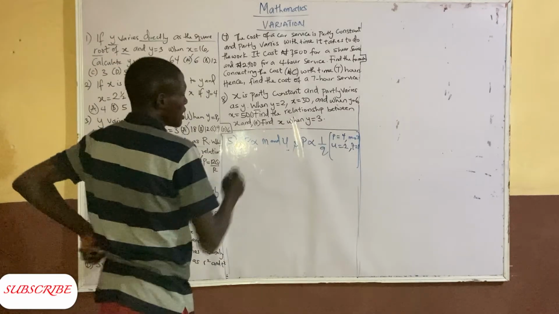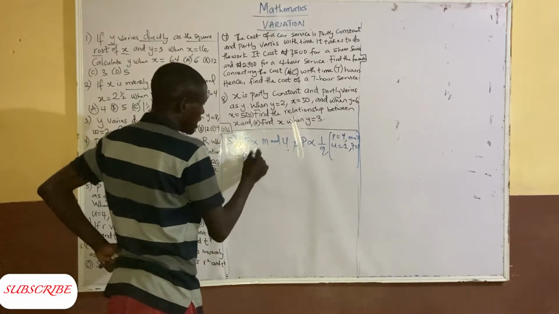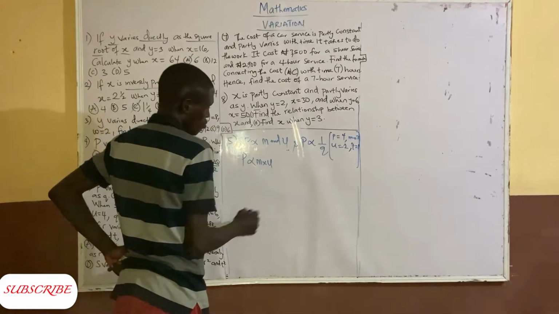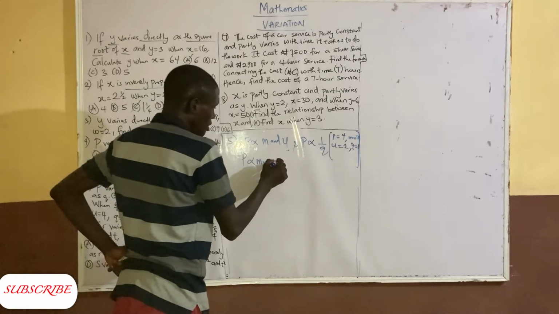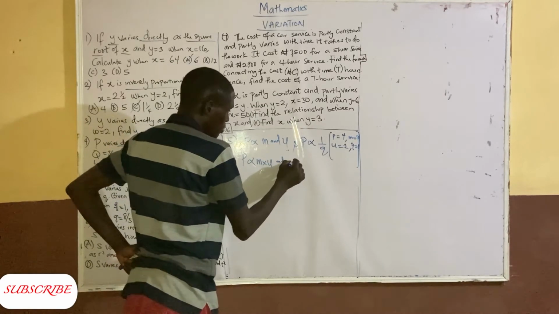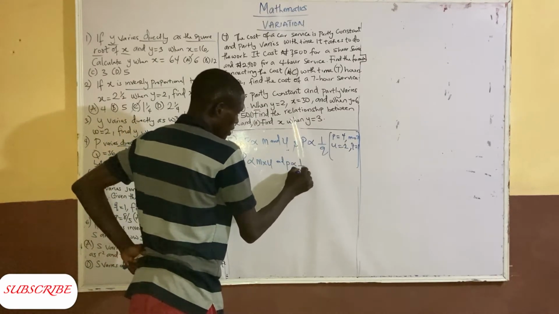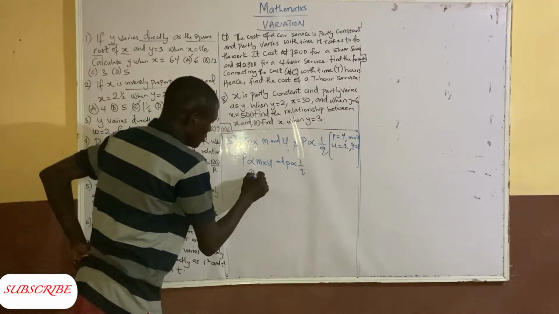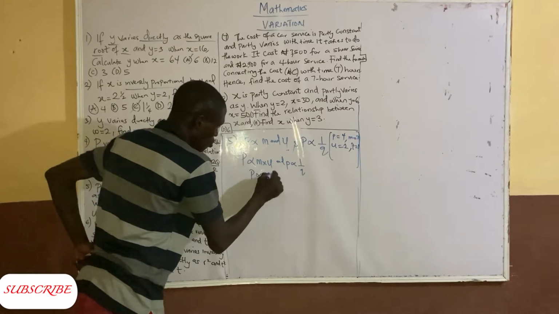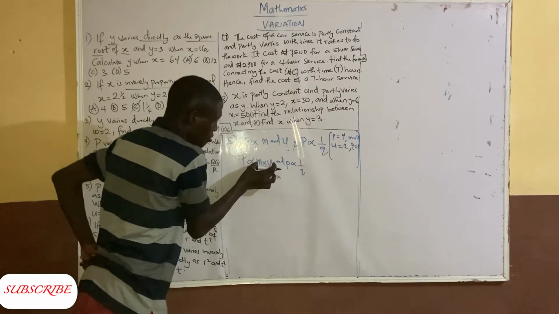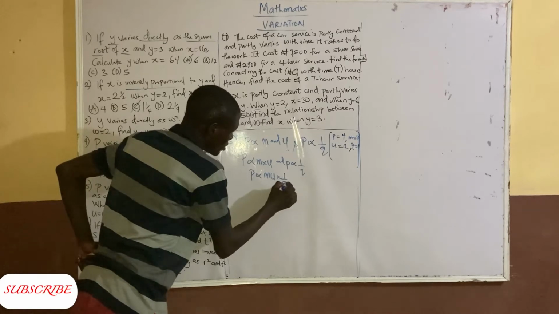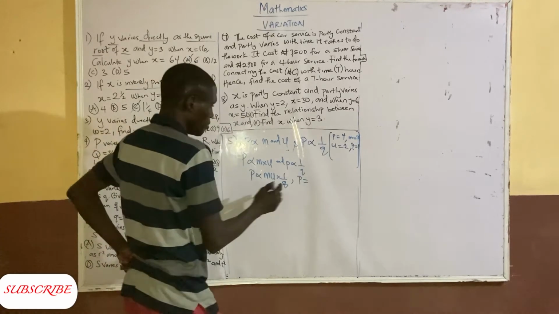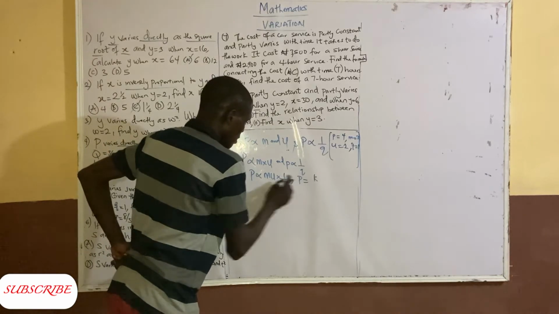So now let's get the relationship. So P is directly proportional to M multiplied by U, and P is inversely proportional to Q. So we have P directly proportional to MU multiplied by 1 over Q. So we have P is equal to K, because it will be 1.